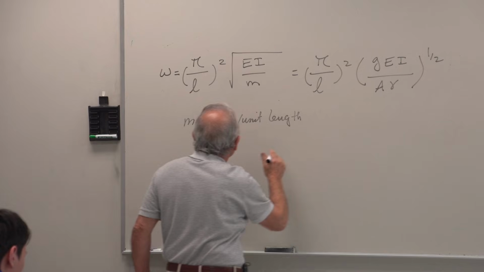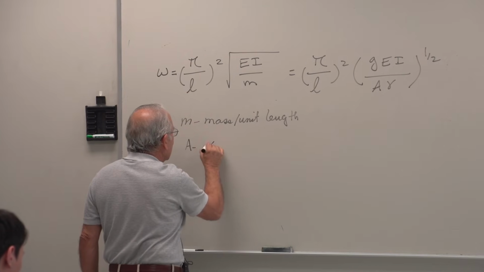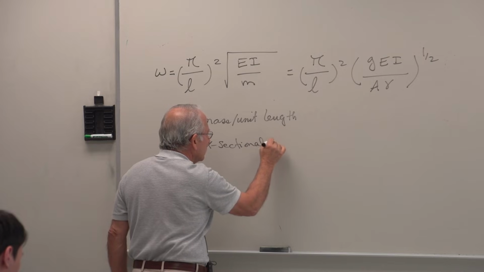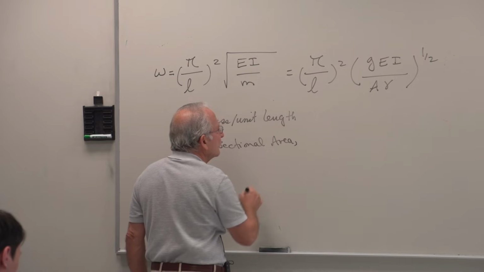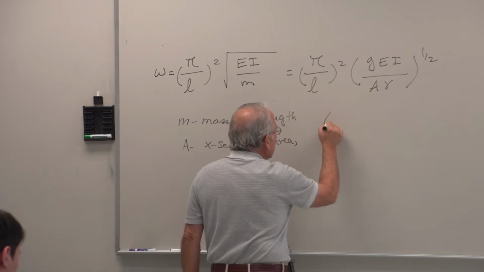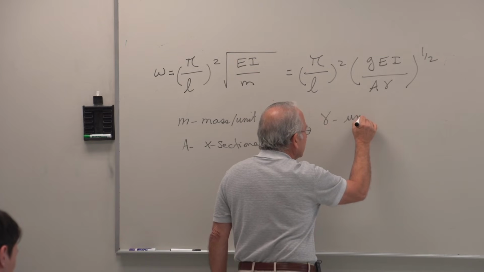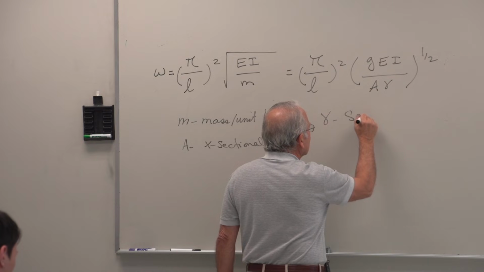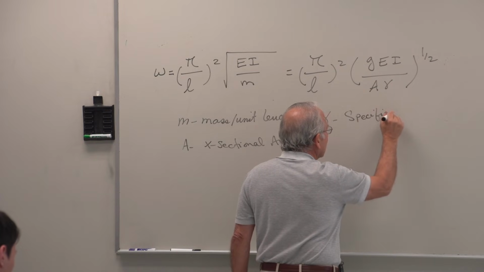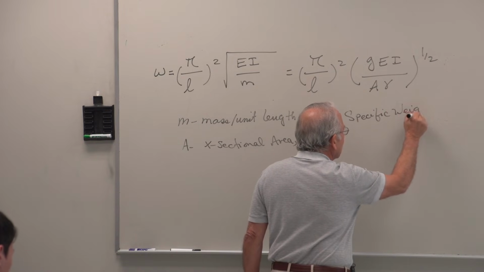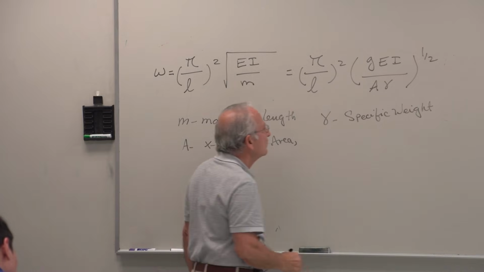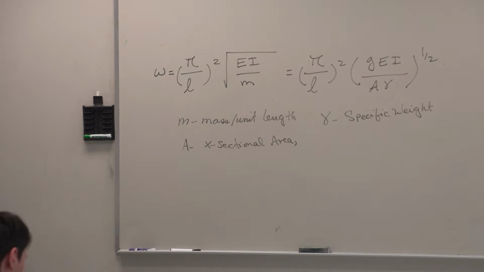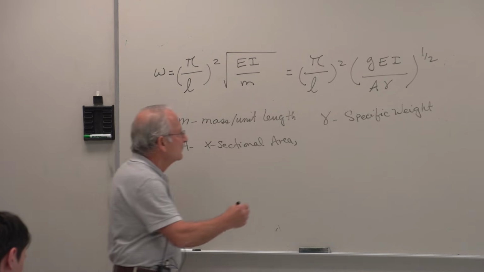In this one, A is the cross-sectional area of the shaft, and gamma is the specific weight. g is the acceleration of gravity.